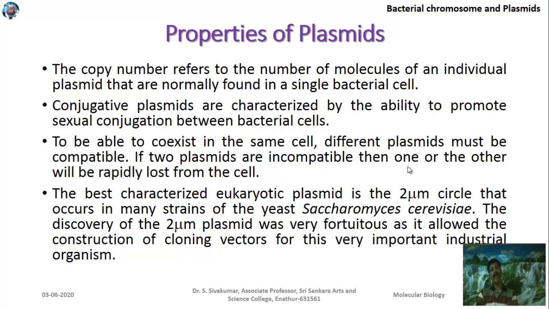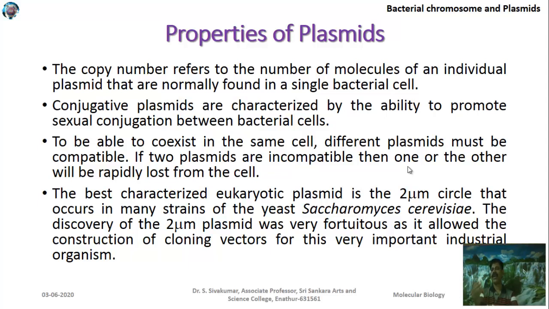Then there is compatibility. In genetic technology, or say in recombinant DNA technology, if you want to clone a particular gene in a particular plasmid, you should know whether the plasmid will survive in a particular bacterium. Not all plasmids survive in a particular bacterium. If any plasmid has to survive in a particular bacterium, it has to have some compatible nature.